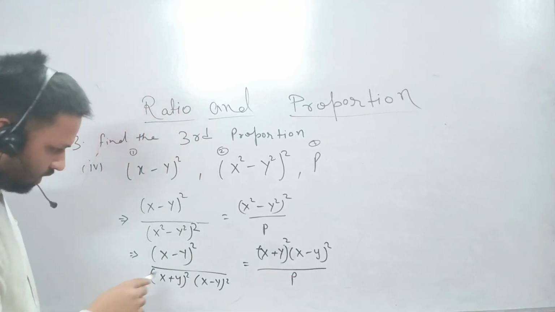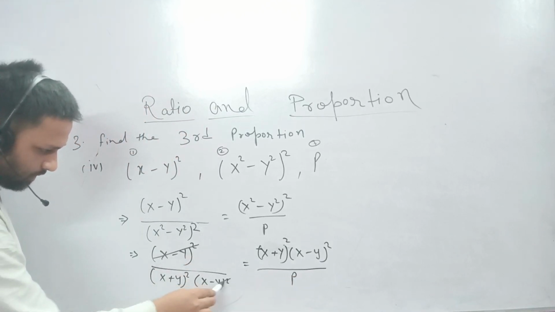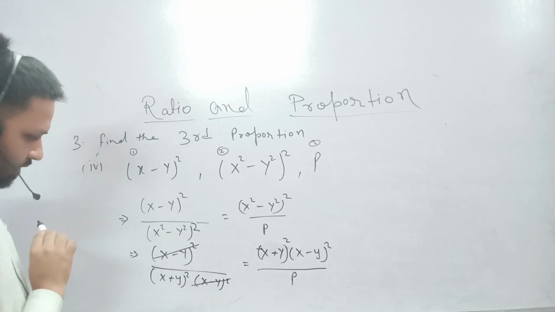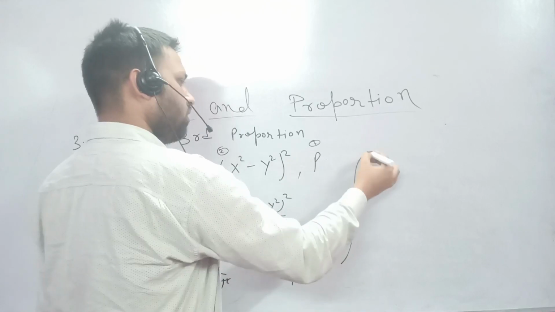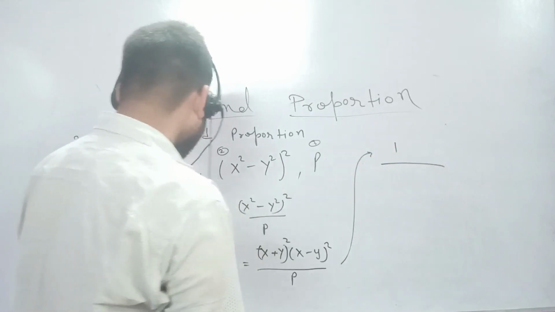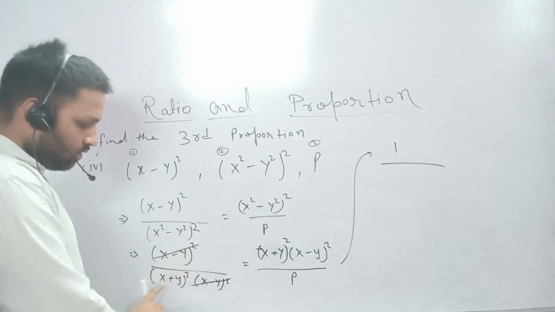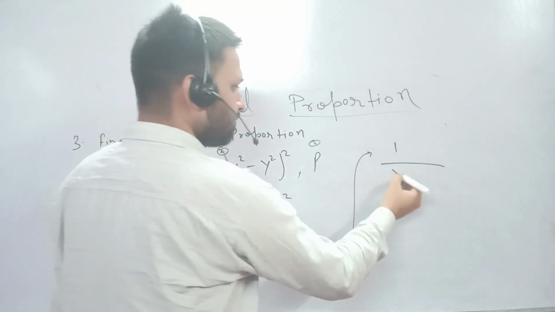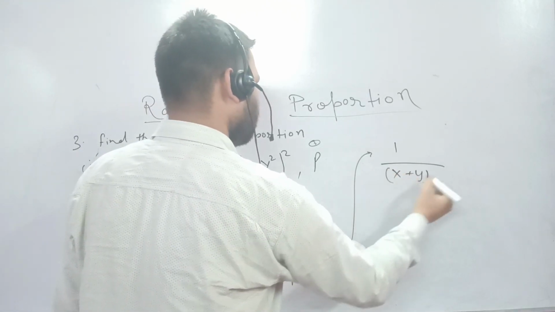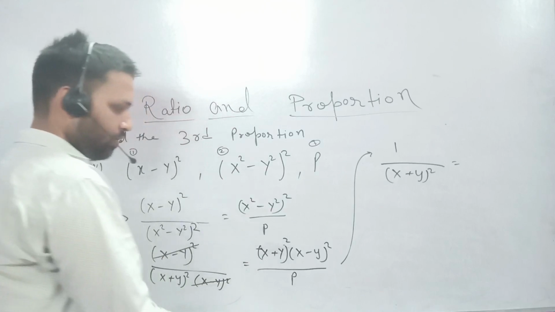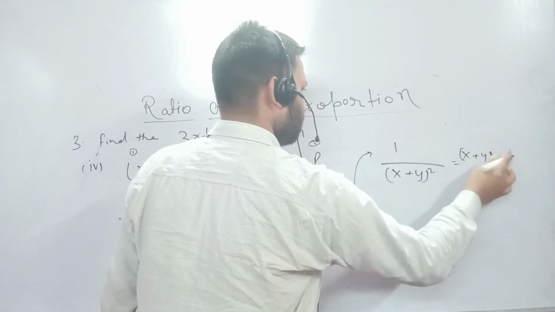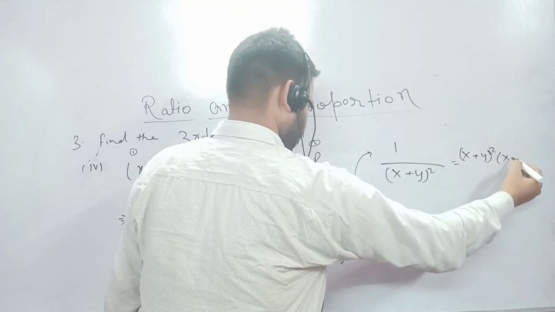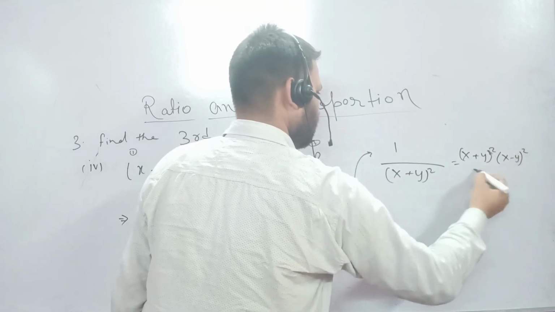Then see here, it is cancelled out. Then you cross multiply, here 1 is remaining. In the next step, 1 is remaining and the denominator is (x plus y) to the power 2, whole to the power 2, by p.